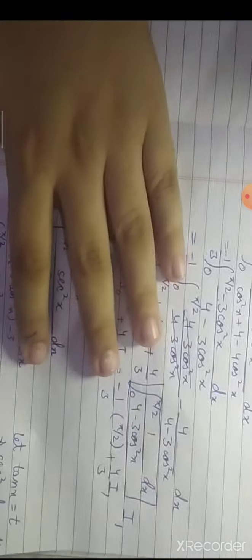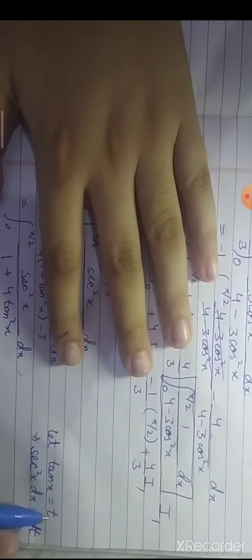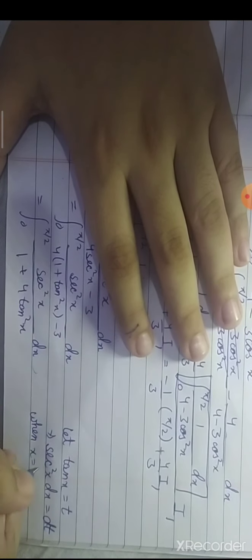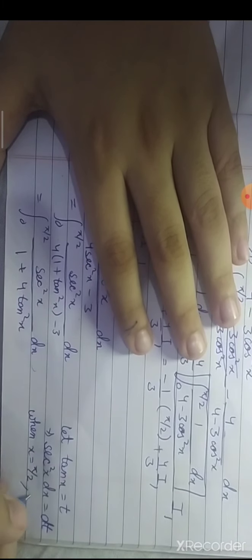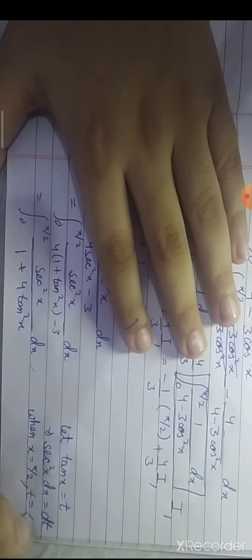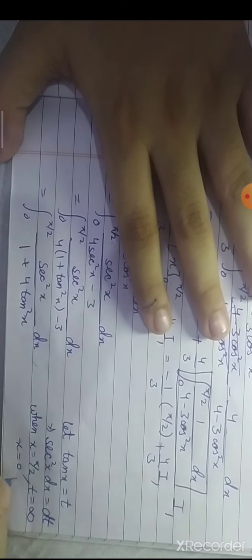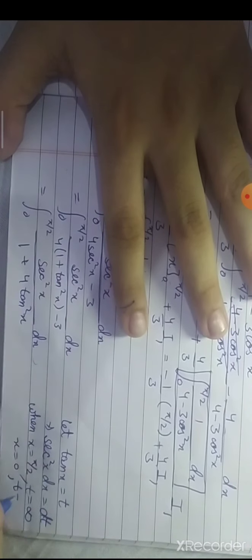The limits will not remain 0 to pi by 2 because we have assumed tan x equals t. When x is equal to pi by 2, tan pi by 2 is infinity, so t is infinity, and when x equals 0, tan 0 is 0.